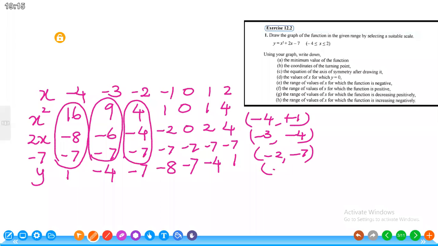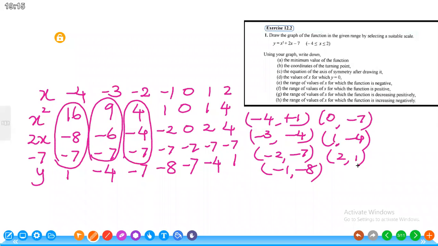Another one, 1, negative 4. Last one, 2, 1. First write the coordinates, right? After that, you can draw the graph easily, right? Now draw the graph.